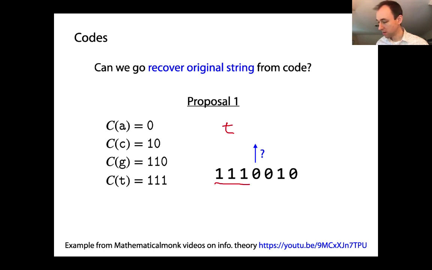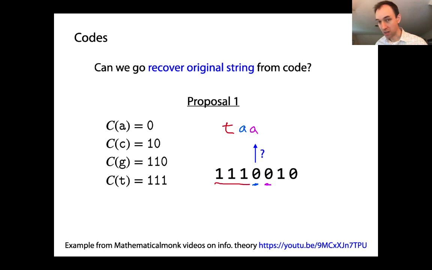Now I'll keep going. I see a 0 next. Well, 0 is a code. That's the code for A. So I know the next character is A. I get to the next one. 0 again, so A again. Let's keep going. Now I've got a 1, so again I've got my choice.